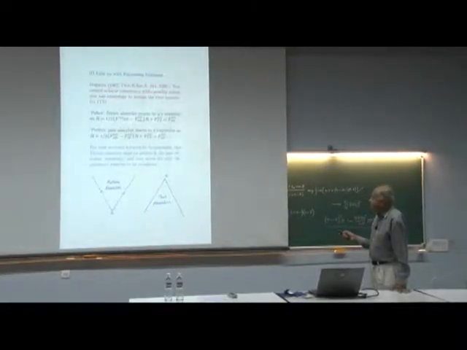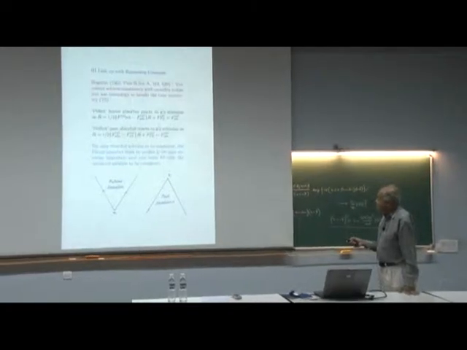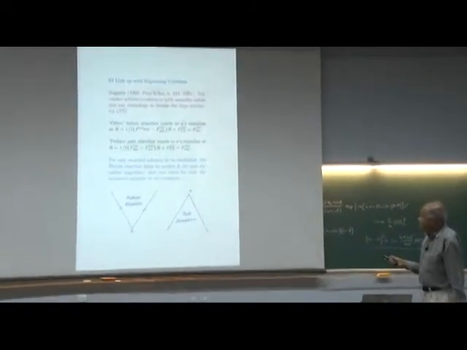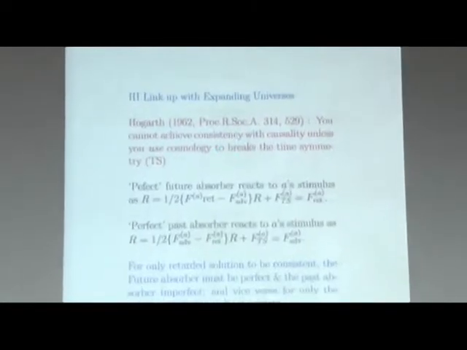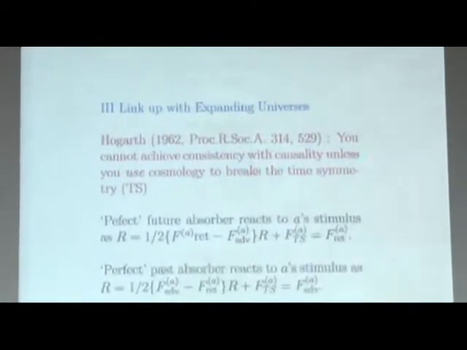Now, see what happens when you start dealing with cosmology in this framework. Hogarth had said that you cannot achieve consistency with causality unless you use a cosmology to break the time symmetry.